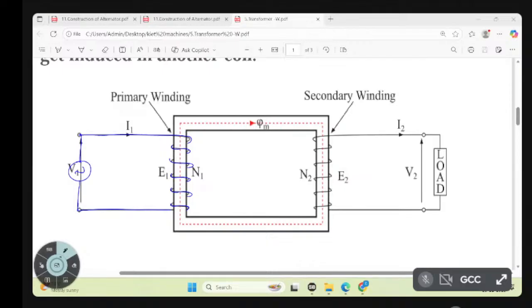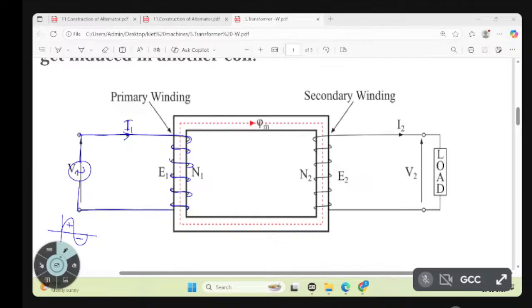Whenever an AC voltage is applied to the primary winding of the transformer, what happens? Because the circuit is closed, a current I will flow.